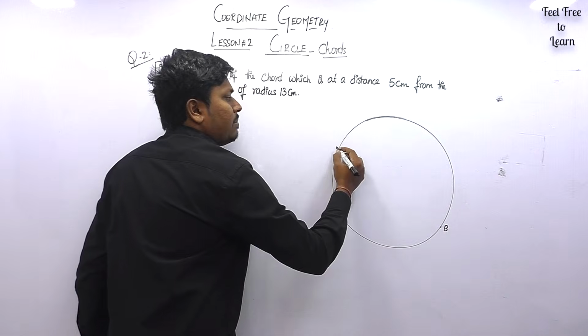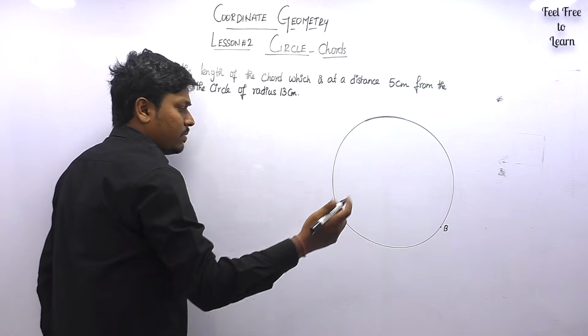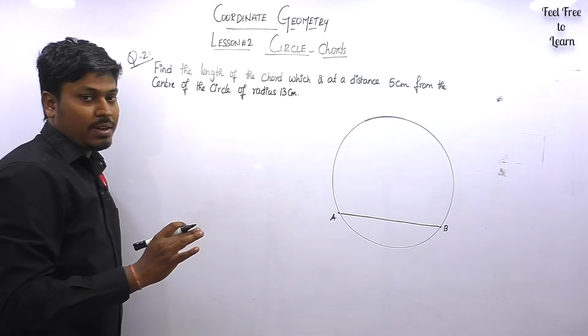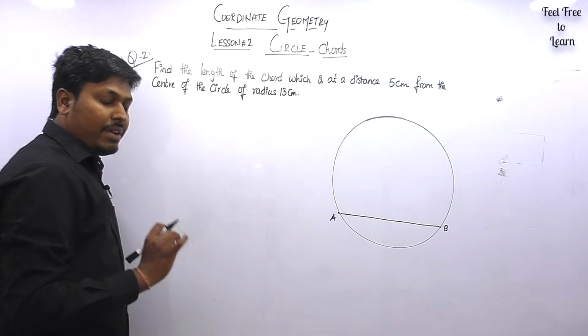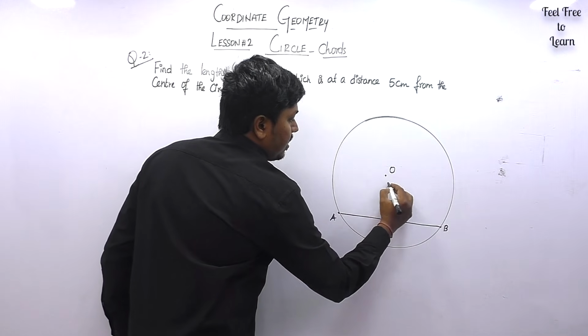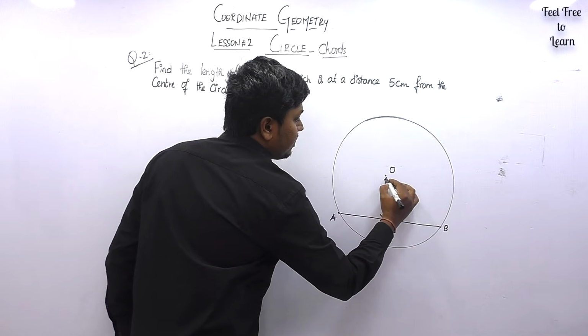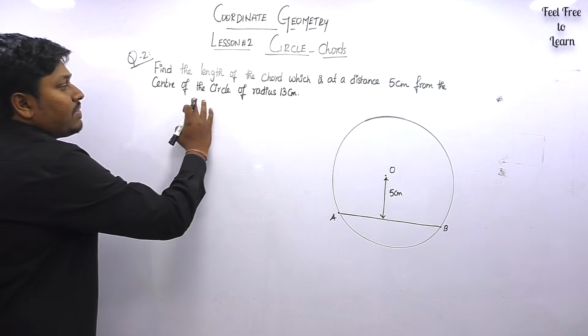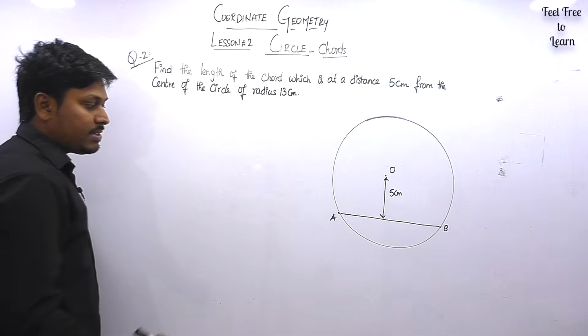You can place A and B here or A and B here, whatever. But remember that connecting two points on a circle is called a chord, right? So A and B, let me assume this as a chord, and it is at a distance of 5 centimeter from the center point of the circle. It is given in the question itself. And second, they have given the radius of the circle is 13 centimeter.